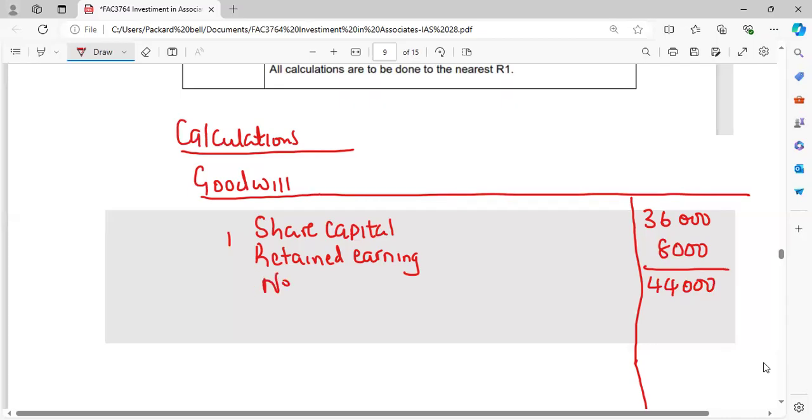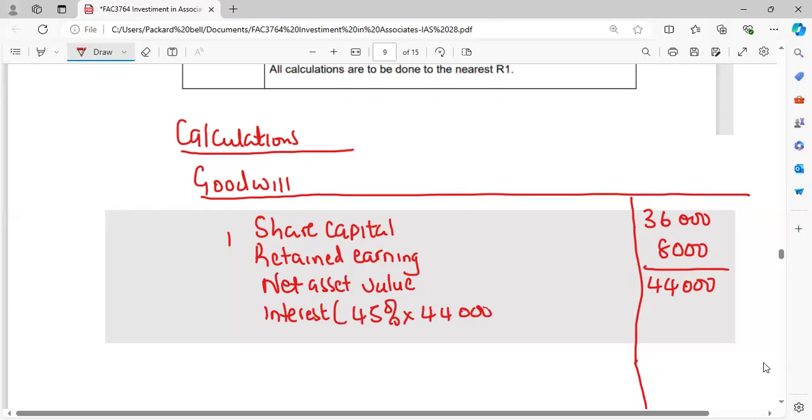Then you multiply by the percentage of interest, which is 45%. So 45% times 44,000.